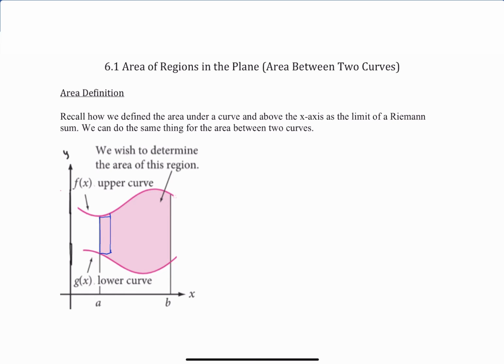Notice that the left corners of each rectangle are on the curves. So I've just drawn a few rectangles, and of course they continue, and we're going to say we have n rectangles.